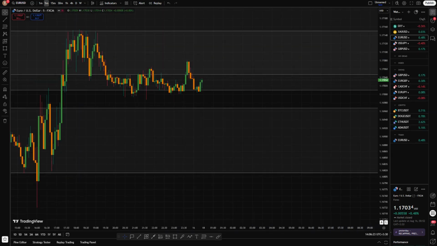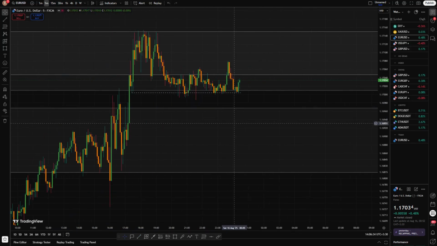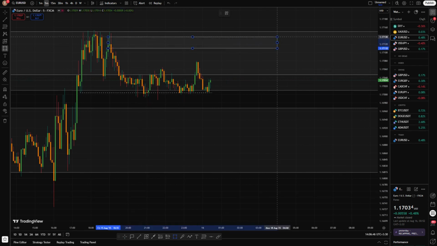shock. As you can see, we don't have a 5M shock because this is the last low of our uptrend. Yeah, we have closed below it, so we can enter sell in this area.